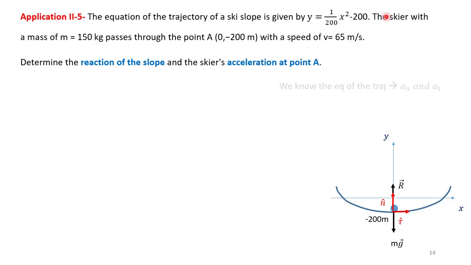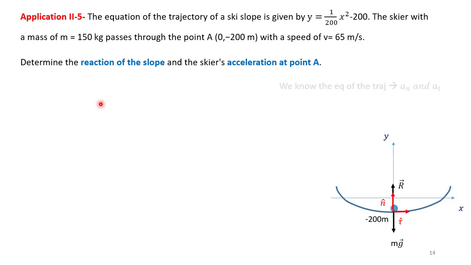So we have the equation of the trajectory of a ski slope. We can see that this is the equation of a parabola. So we can draw this parabola that represents the ski slope. So this is our ski slope.